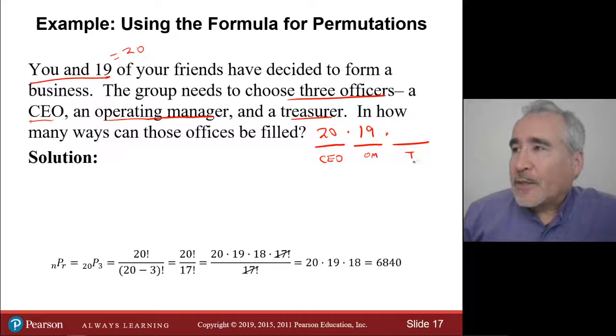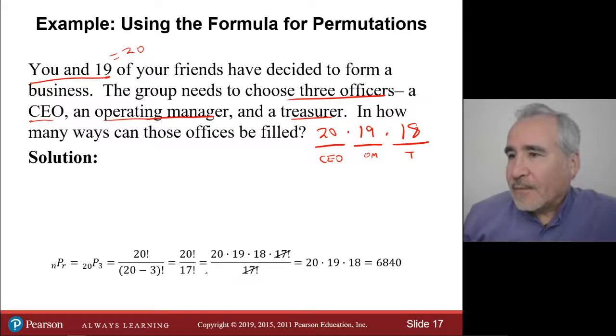How many people could be the treasurer? Well, we only have 18 people to choose from now. There we are, 20 times 19 times 18. And that's using the permutation formula. That's exactly what happened. We end up with 20 minus 3 is 17 factorial, and that part canceled out. Here it is right there.